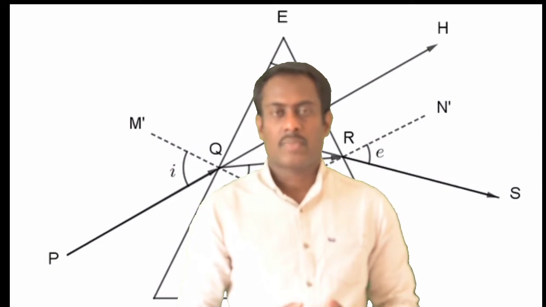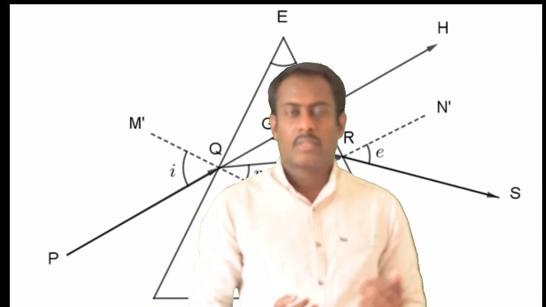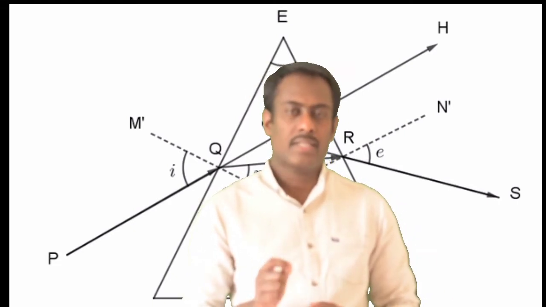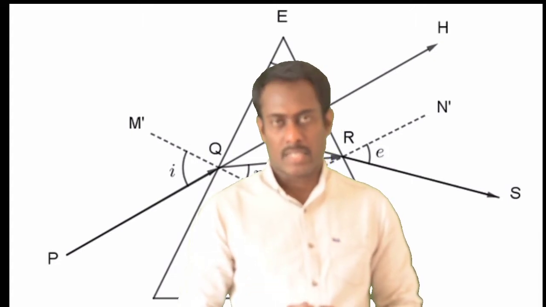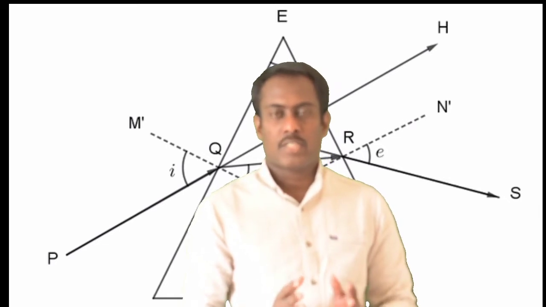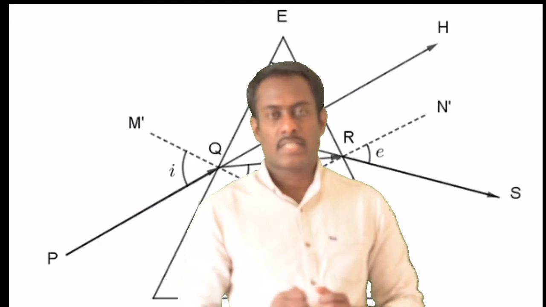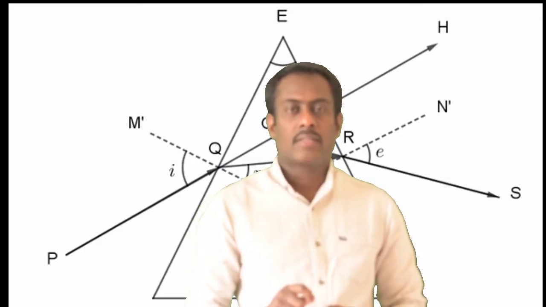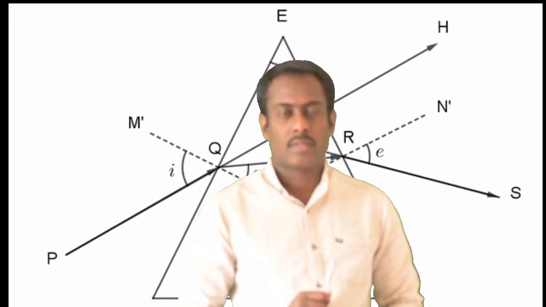In the previous class we have learned that light refracts through a glass slab. The incident ray and the emergent ray are parallel to each other but slightly displaced laterally. When light passes from an optically rarer medium to an optically denser medium, the light will refract and the refracted ray will move towards the normal.